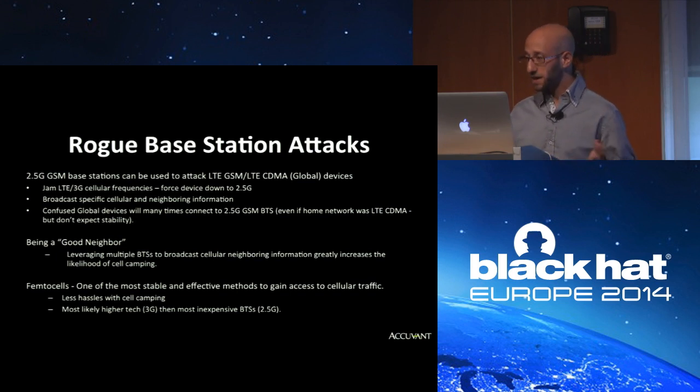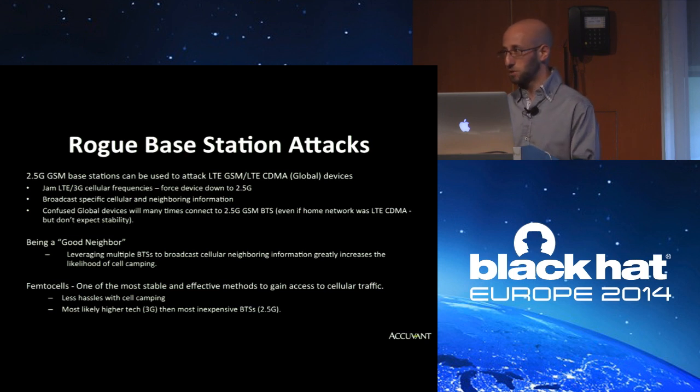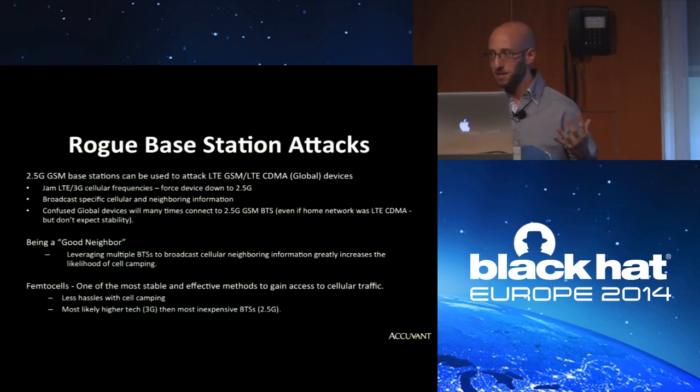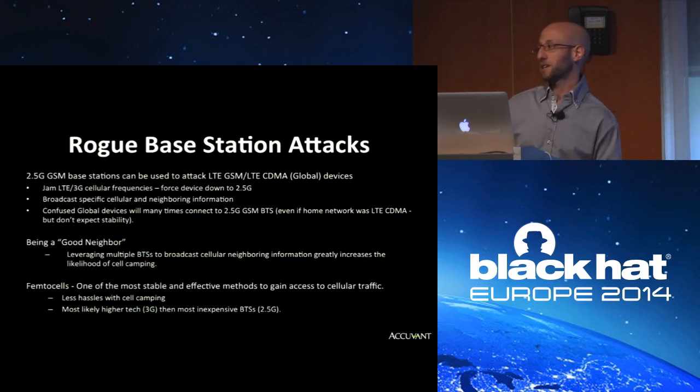One little trick I like is called being a good neighbor. Use multiple BTSs to broadcast cellular network information. Pretty much, instead of using a single BTS, become your own carrier, with lots of BTSs propagating the information. If it all looks good to the device, there is a very high chance of camping.